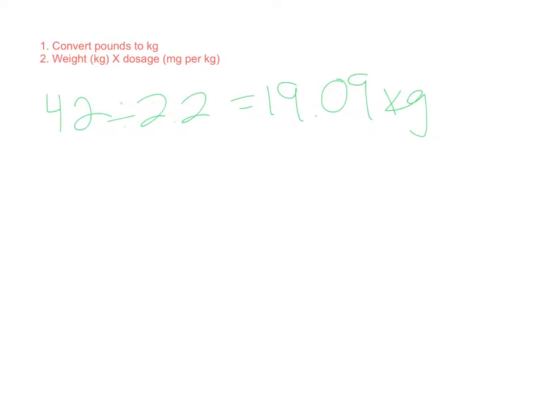Always, number 2, I'm going to take that 19.09 and multiply it by the dosage. In this question, it said to take 2 milligrams per kilogram. So there's my dosage. But how often? Sorry, my handwriting's terrible. 2 milligrams per kilogram every 6 hours.